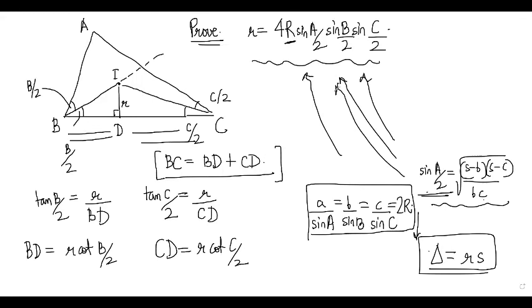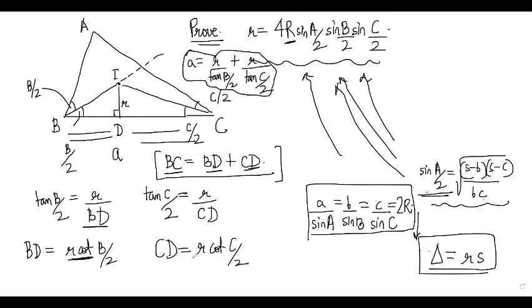Okay, I'll just continue right now. So BC is equal to BD plus CD, and BC is called A. So A is equal to R by tan B by 2 plus R by tan C by 2, right? Because BD was R cot and CD was R cot.